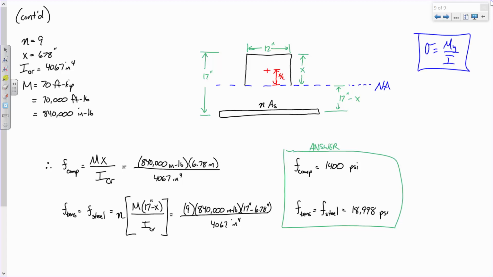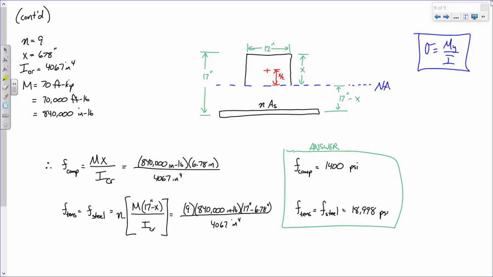So the beam is experiencing 1400 PSI, but the concrete itself can experience well above that. But what about steel? Regular old rebar, normal grade 60 rebar, it yields at 60,000 PSI. It's only experiencing about 19,000 PSI. So we're not done. This beam can withstand far more load before it's gone, okay?